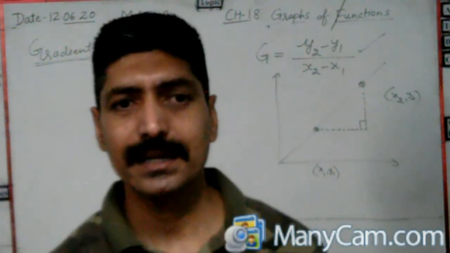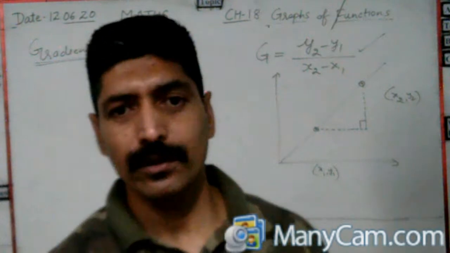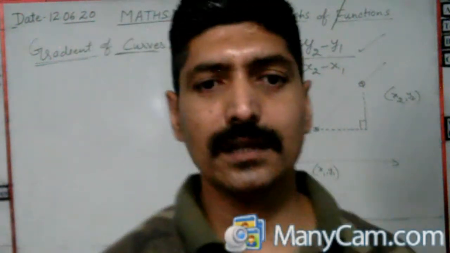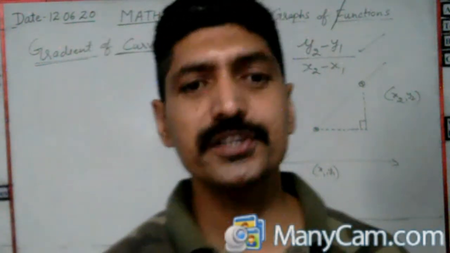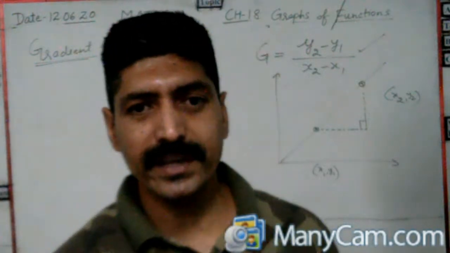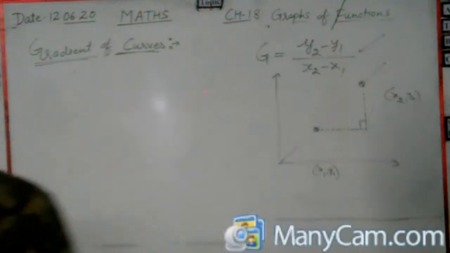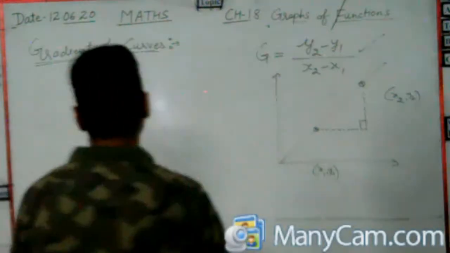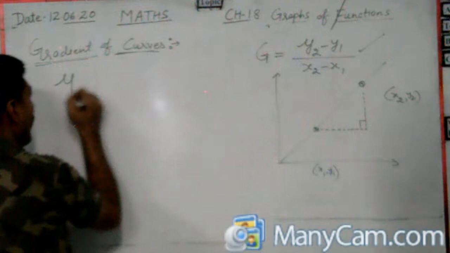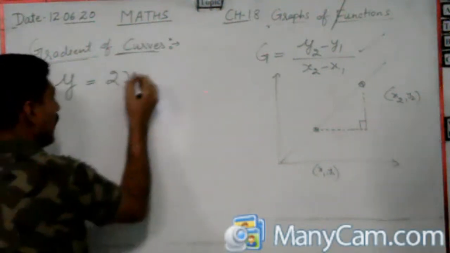So if we have plotted the graph of a function, we can find the gradient of that function, for the function y is equal to 2x square.